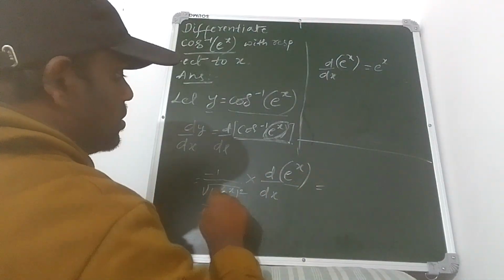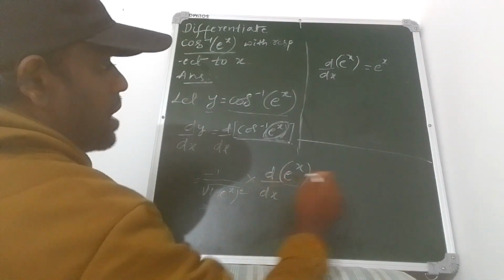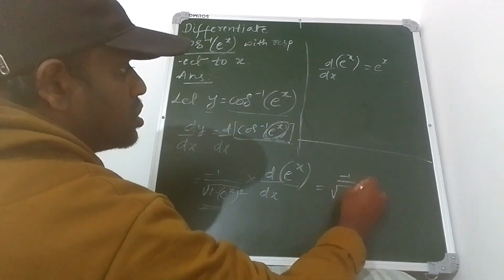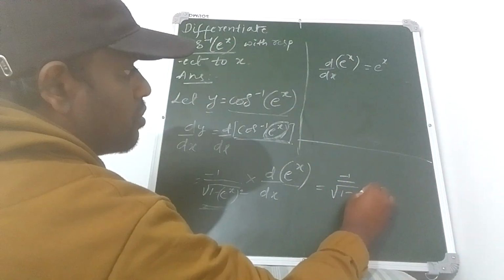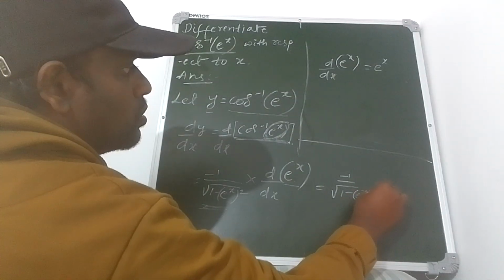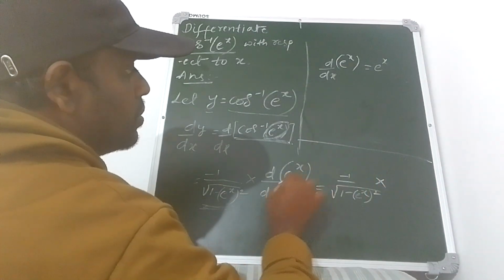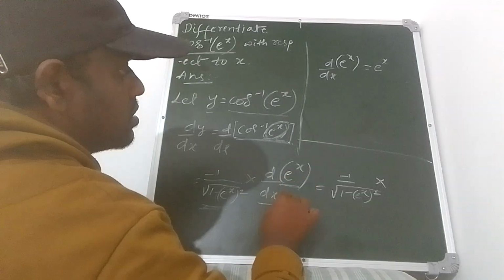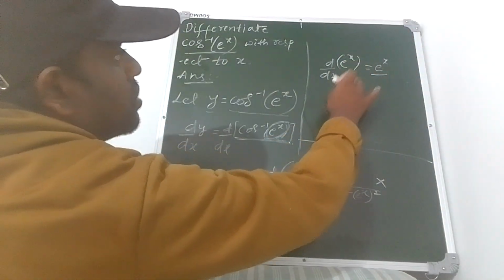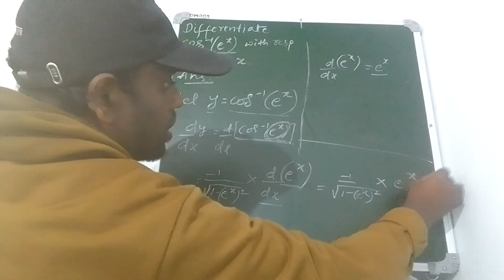So I will write here, keep this as it is, minus 1 by square root of 1 minus e to the power of x whole square, into d by dx of e to the x, which is e to the power of x.